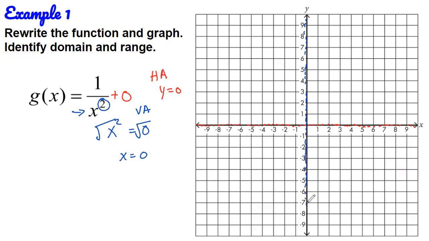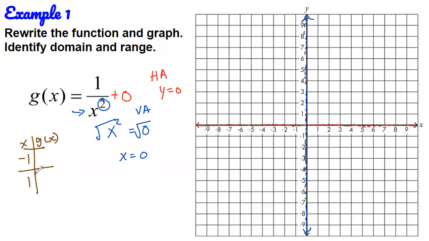All right. Now, our job here is to identify where in these 4 quadrants our graph is going to be located. So this is where we create our input-output table. So here's my input-output table. Look at that vertical asymptote. We're going to use one of the values on the left and one of the values on the right. So what value on the left? -1 and +1. g of x.